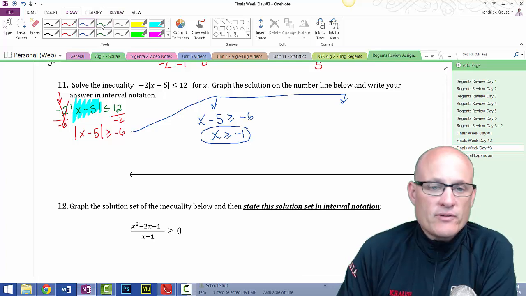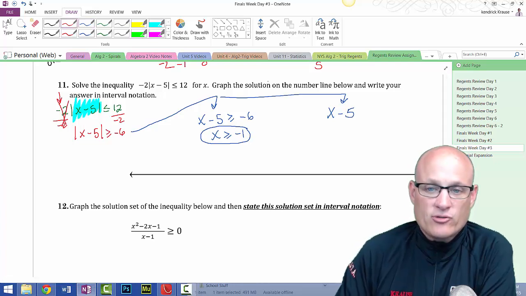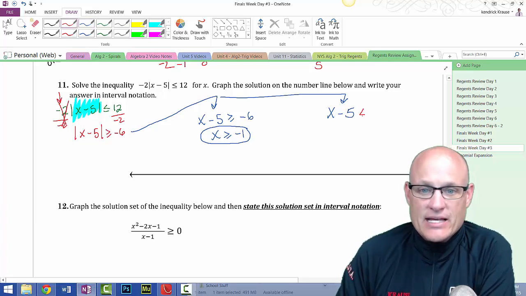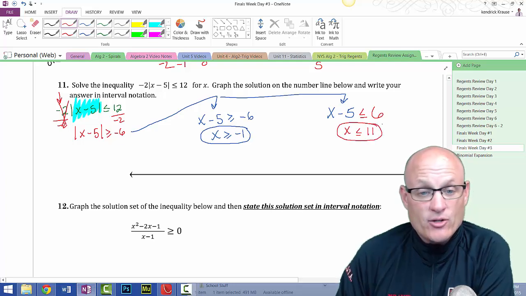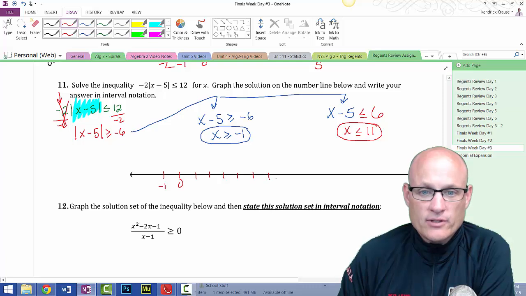And then I'm going to come over here. Now, I still don't know if this is an or an and, but I'm going to write x minus 5, and I'm going to put what I change in red. It's going to be less than or equal to positive 6. In this case, x is less than or equal to 11. So here's -1, there's 0, 1, 2, 3, 4, 5, 6, 7, 8, 9, 10, 11, 12.